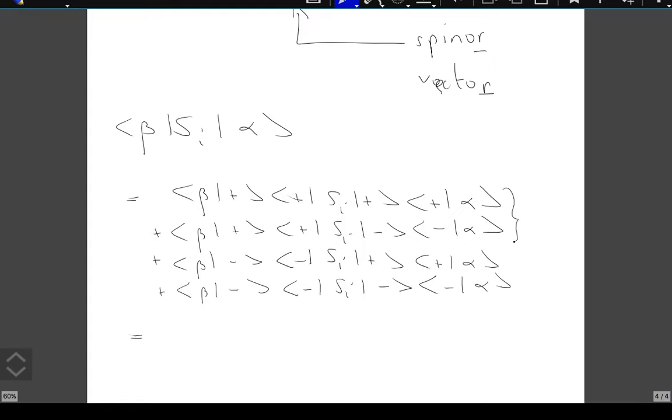Well, you see, if you look at these first lines, it's like matrix multiplication.